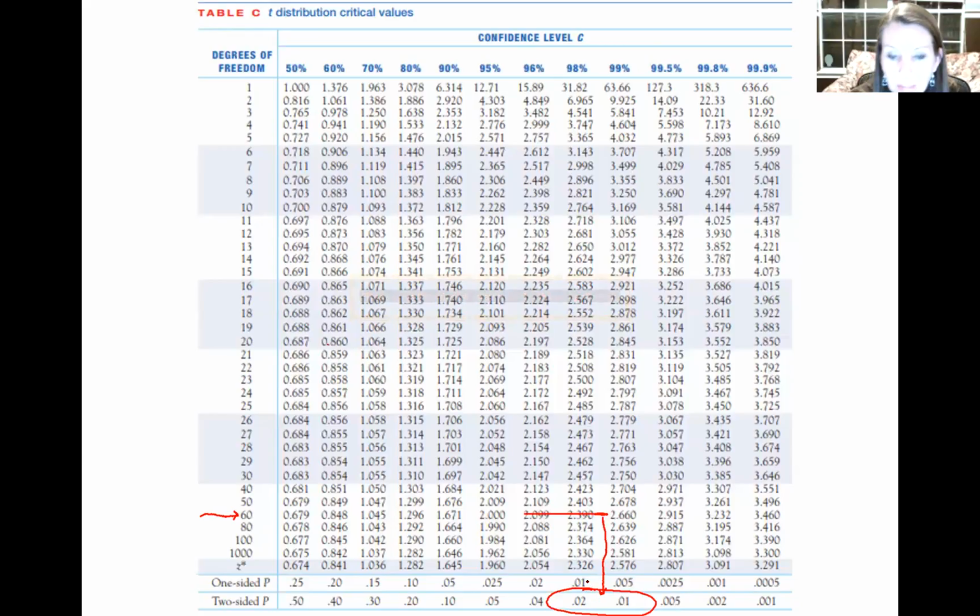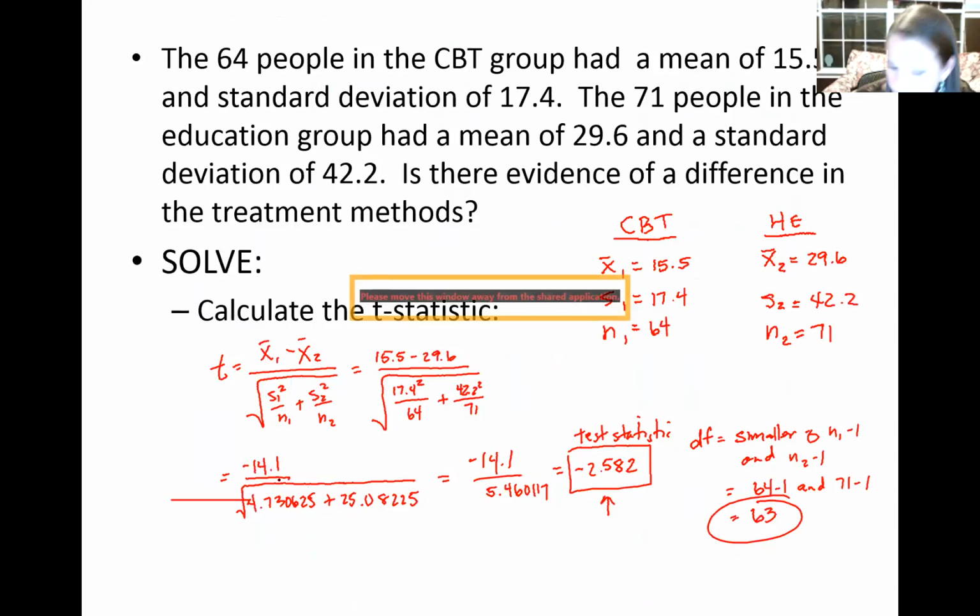And my p-value then is between 0.01 and 0.02.